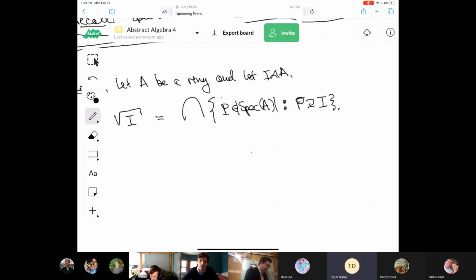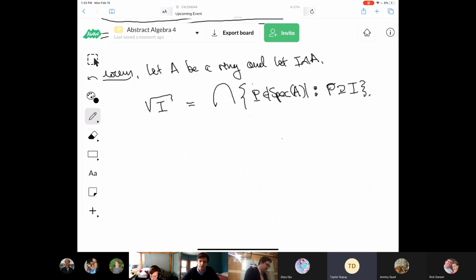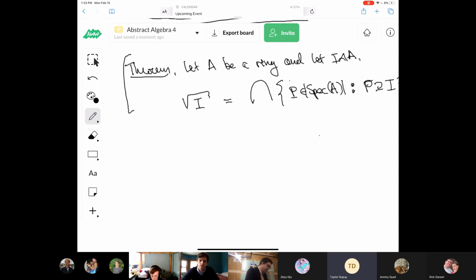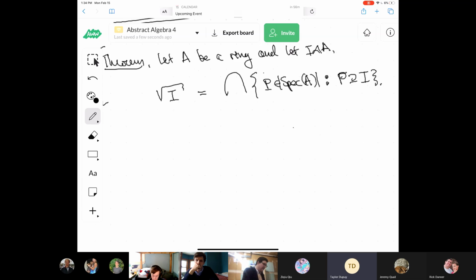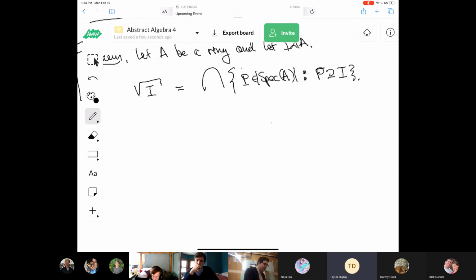What does this do? The idea is that this ideal cuts out a system of equations, and these are the irreducible components.